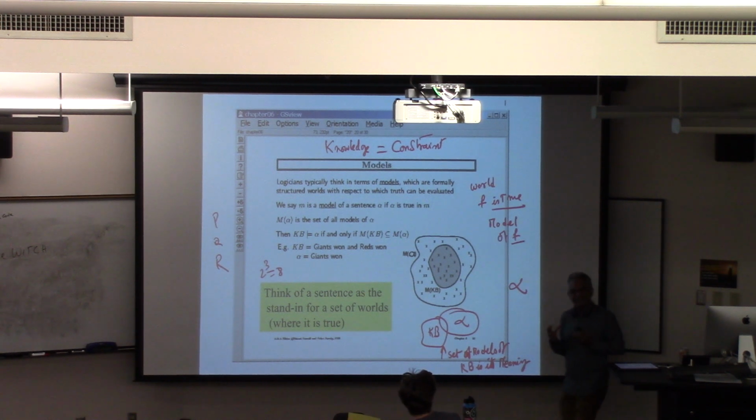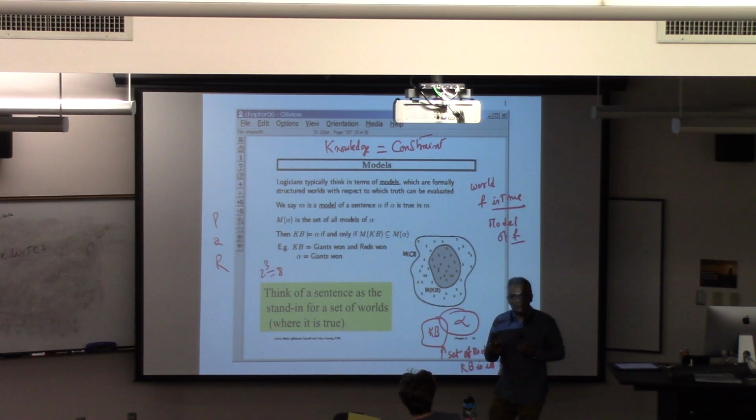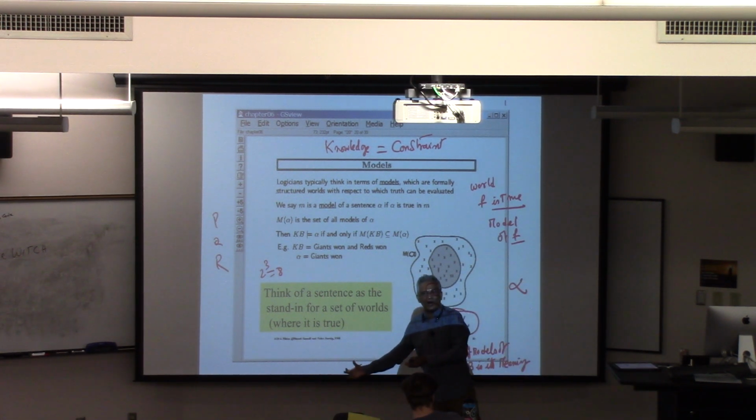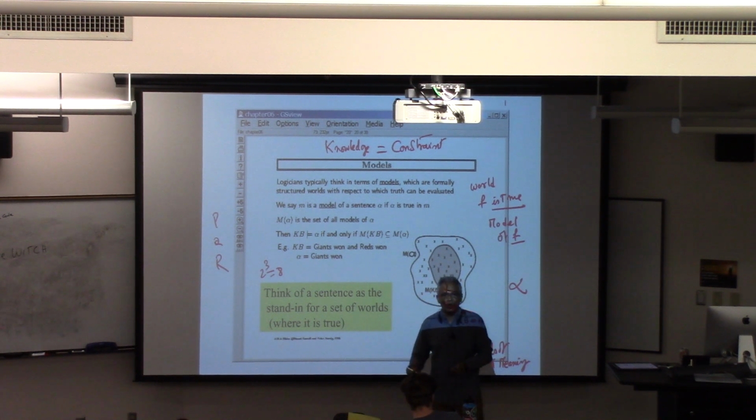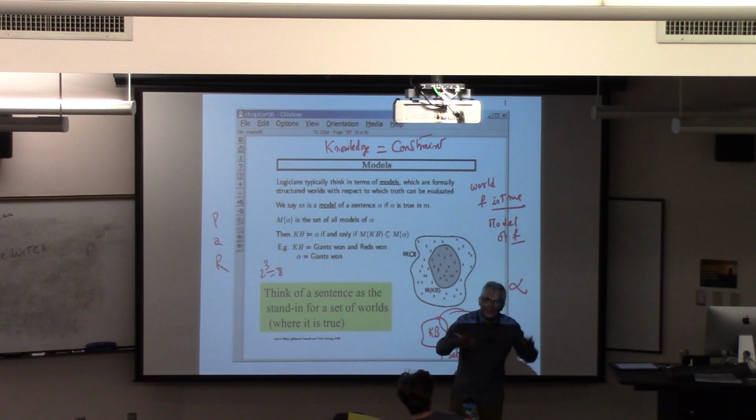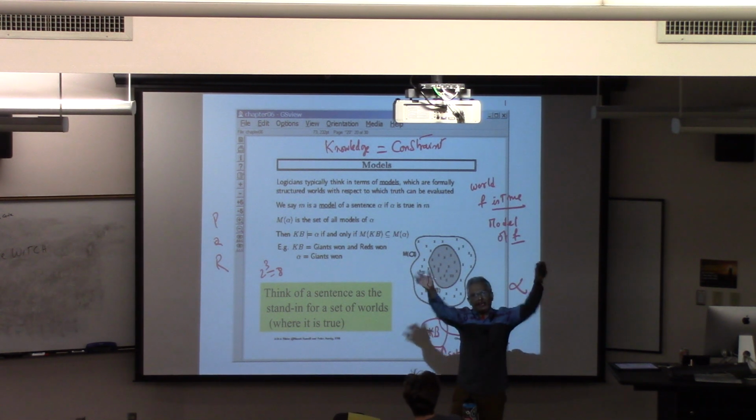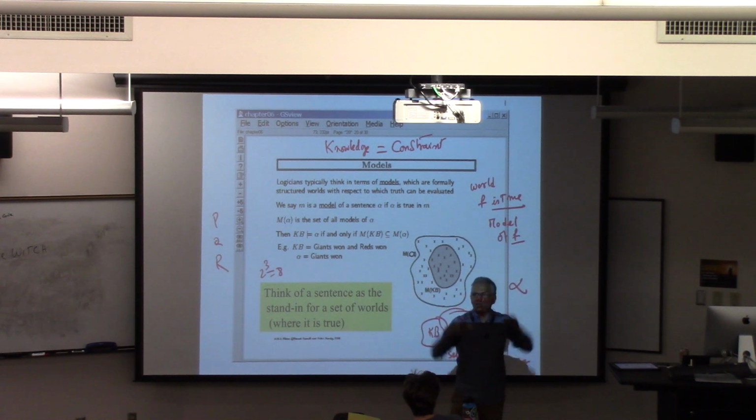Do people understand this? Knowing something more constrains how your world is. The more you know, the fewer configurations the world can actually have. If I didn't tell you anything other than there are P, Q, R in your world, you are in one of 8 worlds. I said, well, P is true. You're only in 4 worlds.